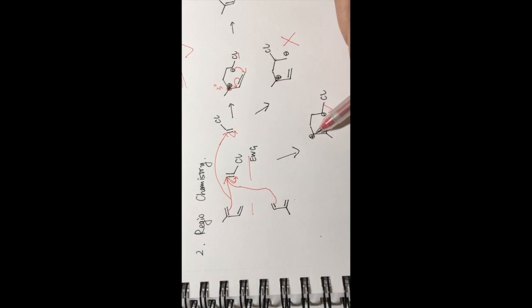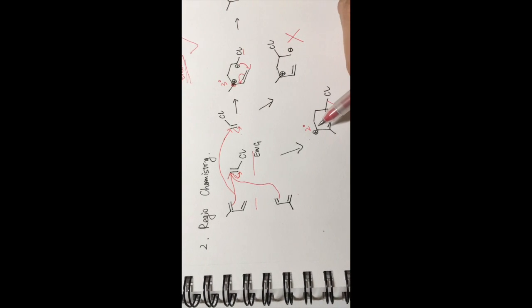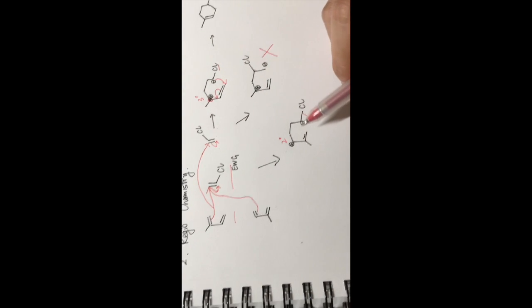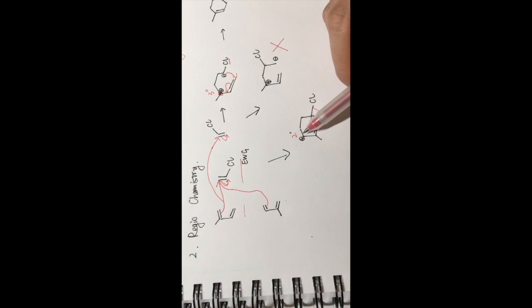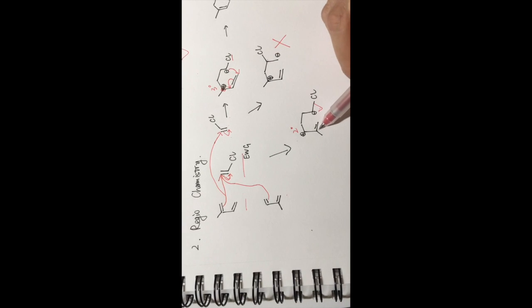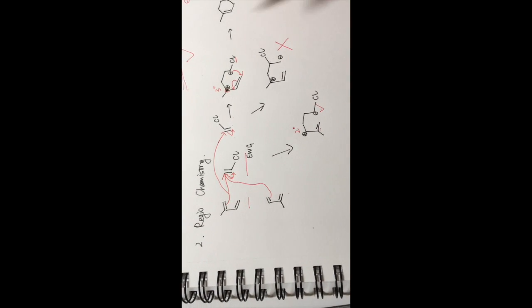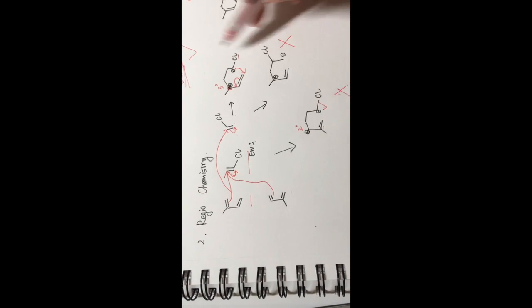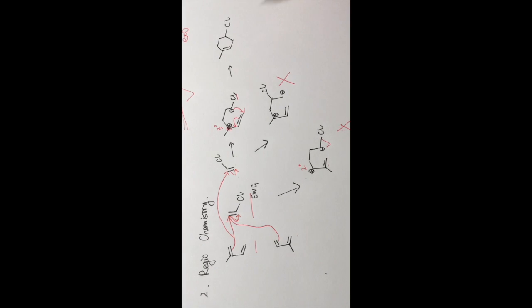And here you have a secondary carbon cation. As we learned from previous chemistry, secondary carbon cation is less favored than tertiary carbon cation, so this would be less favored than that one. So the product should be this.